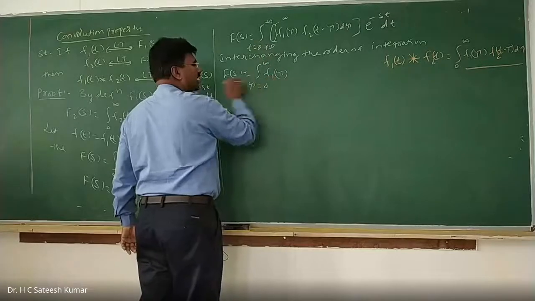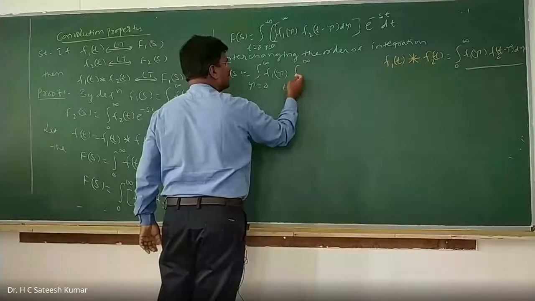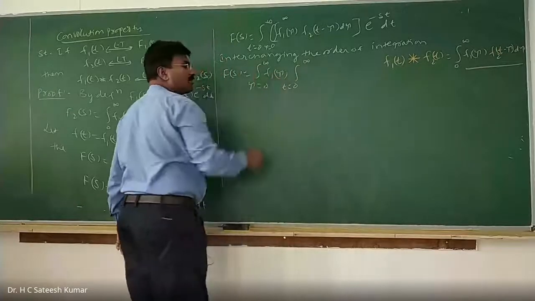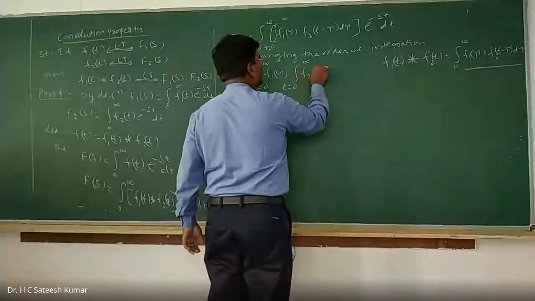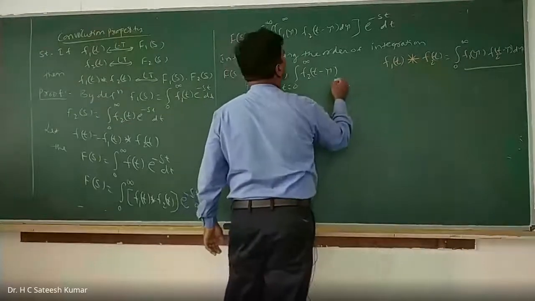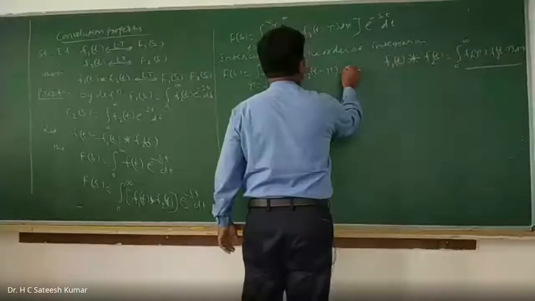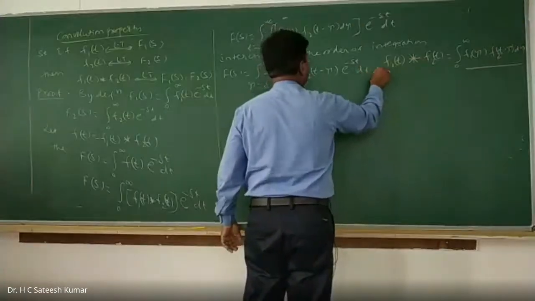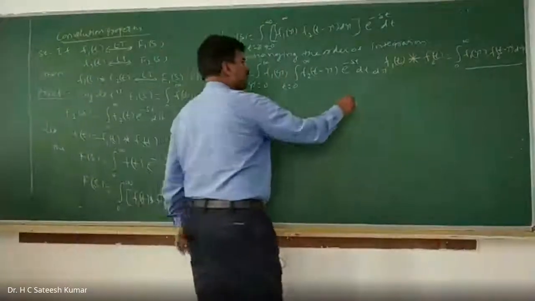Therefore, I have taken f1 of tau out of this integration because there is no t term here. It looks like a constant. Then integration from 0 to infinity t of f2 of t minus tau into e to the power of minus st dt, into d tau.